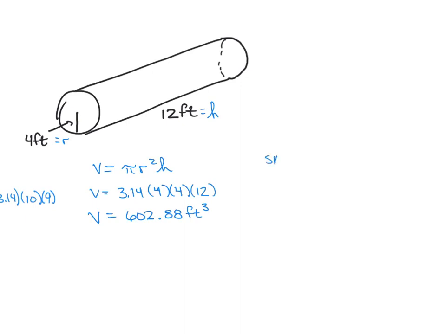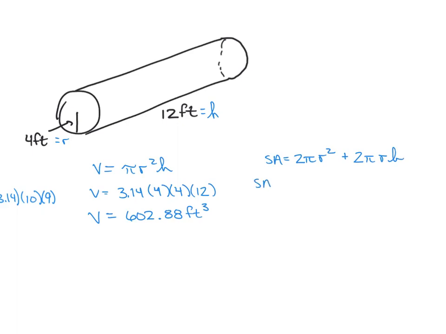All right, let's look at surface area. Our formula is 2 pi r squared plus 2 pi r h.